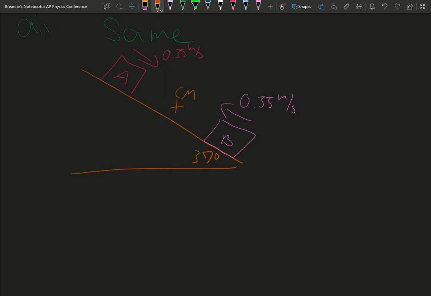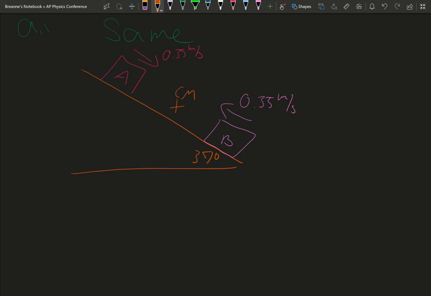For B, it states the surface is tilted at an angle of 37 degrees from the horizontal, as shown in figure 3. The blocks are each given a push so that at the instant shown they are moving towards each other. B1 states each block has a mass of 0.2 kilograms.